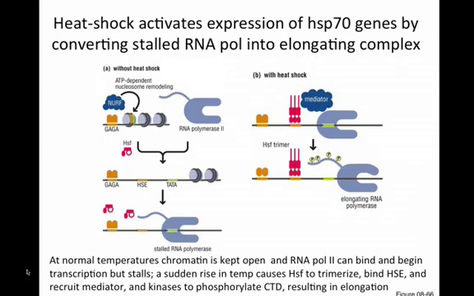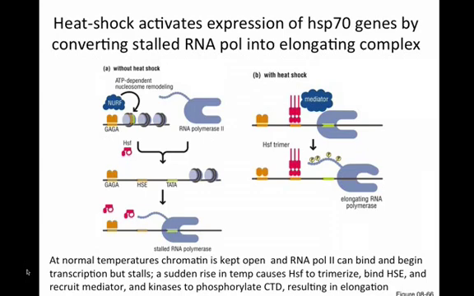Heat shock factor cannot bind in the absence of heat shock. It needs to be trimerized. So normally you've got this transcription factor that results in this stalled RNA polymerase just hanging out. And when you have heat shock, then you get trimerization.